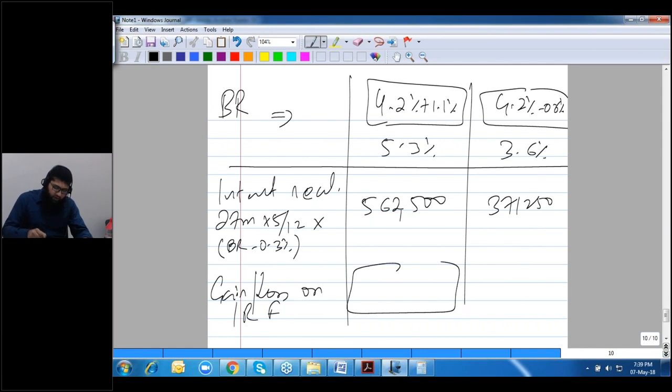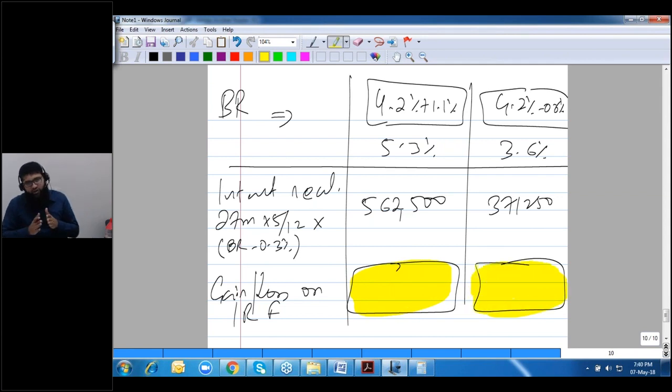Now, the big question is how exactly are we going to calculate the gain or loss on the interest rate future?